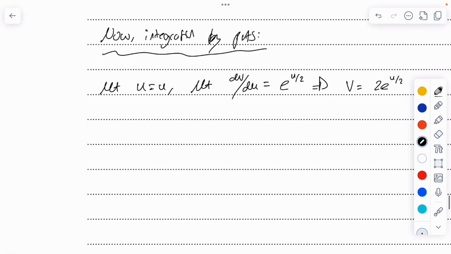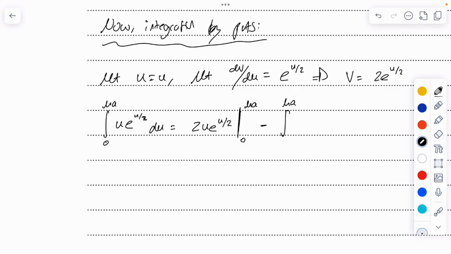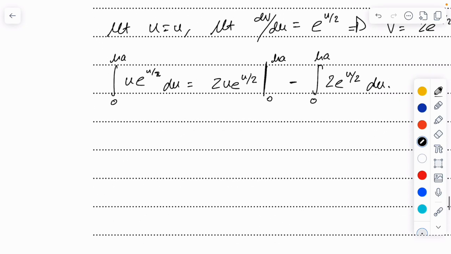Because now I can say that the integral from 0 to ln a of u e^(u/2) du is equal to uv, so 2u e^(u/2), integrating between ln a and 0, minus the integral from 0 to ln a of 2e^(u/2) du. Okay, perfect, because that's v du.